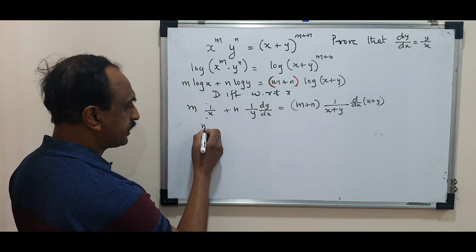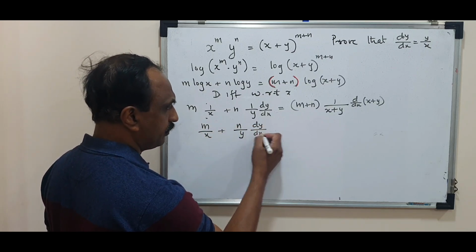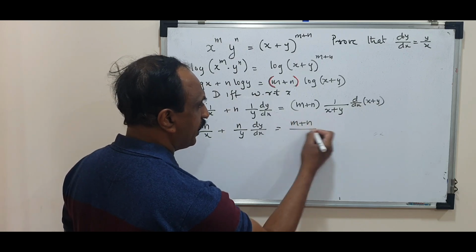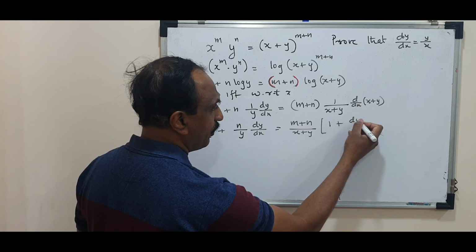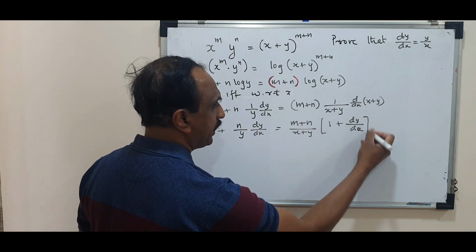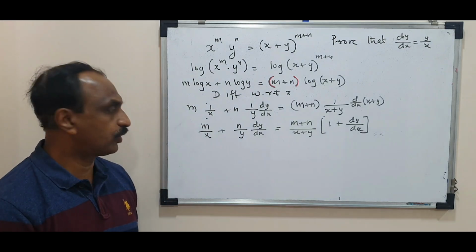So we can write m by x, n by y dy by dx, equal to (m plus n) divided by (x plus y) into (1 plus dy by dx). Another danger: this bracket is another danger where students forget it and end up with a wrong answer.